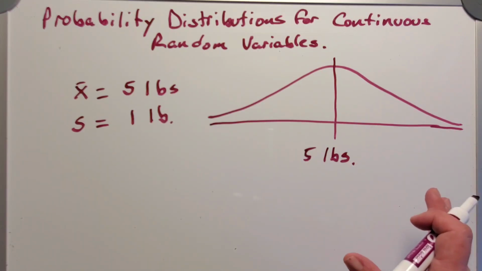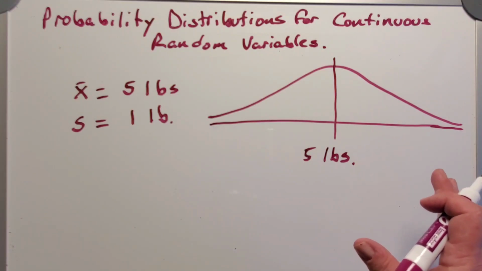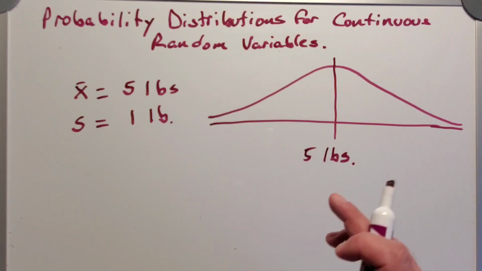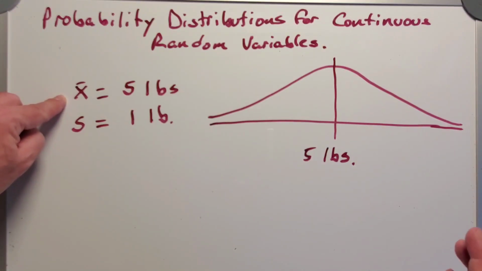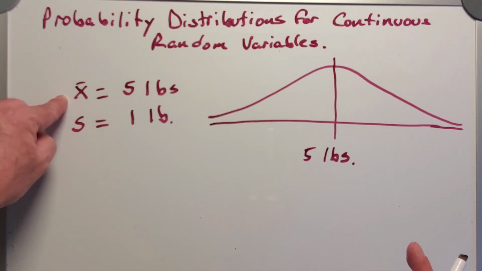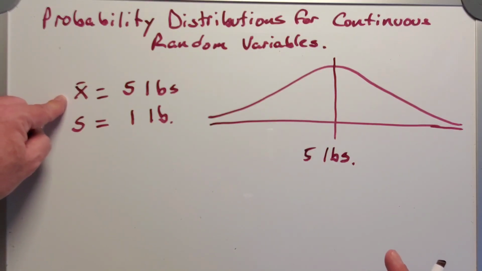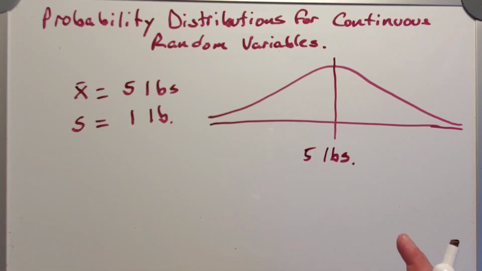Well, that's a continuous random variable because birth weights can take on any value on the number line. They are not discrete values. If one animal is born and it weighs 5 pounds and the next animal's heavier, it might weigh 5.1 pounds. It isn't automatically obligated to weigh 6 pounds if it weighs just slightly more. That would be discrete data.